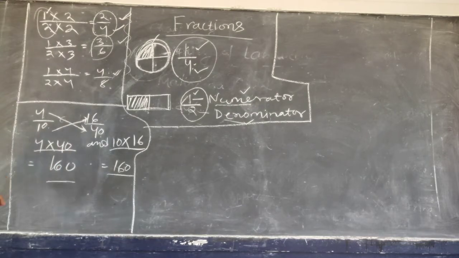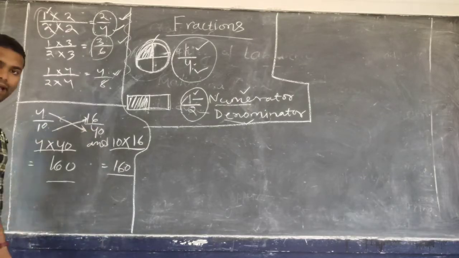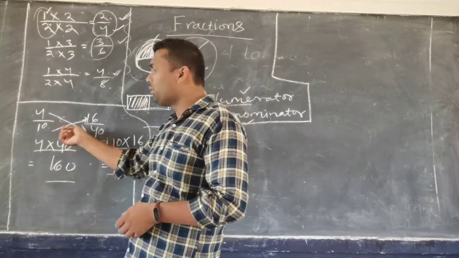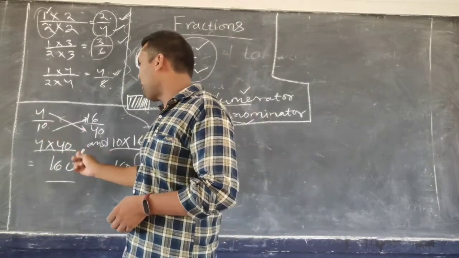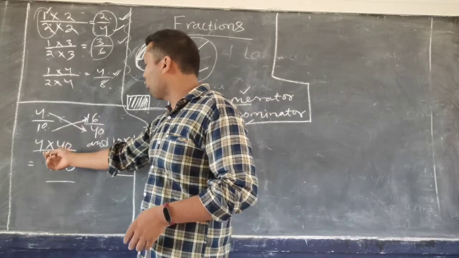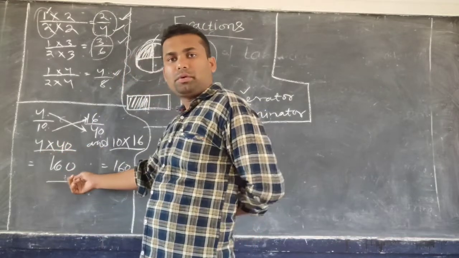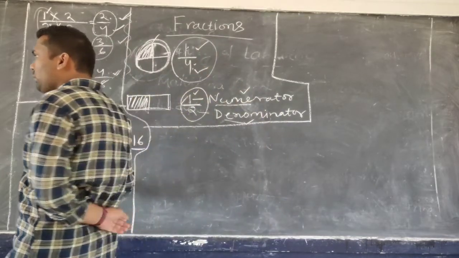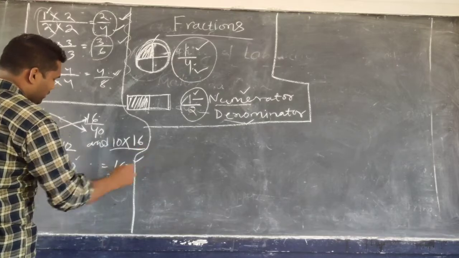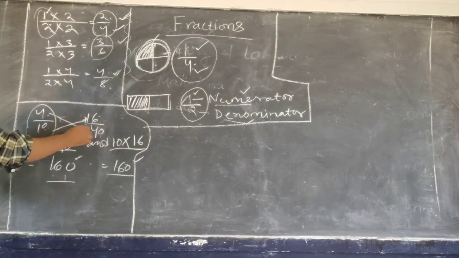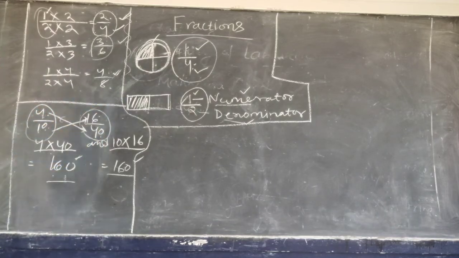If we take the example of 4/10 and 16/40, we have to find out whether they are equivalent. First we cross multiply both fractions: 4 into 40, and 10 into 16. The product of 4 into 40 is 160, and 10 into 16 is 160. Both are 160, so this proves that the two fractions 4/10 and 16/40 are equivalent.